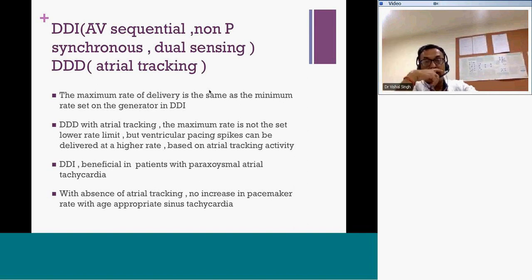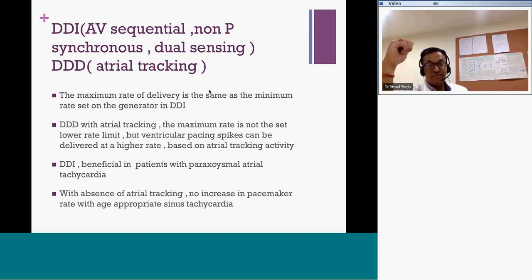Okay. Now, in DDD atrial tracking, the maximum rate is not a set lower rate, but ventricular pacing spikes can be delivered at a higher rate based on atrial tracking activity. In patients with paroxysmal atrial tachycardia, whatever the essential high fast rate, if it goes beyond a certain limit, it changes from DDD to DDI, and it is sort of inhibited.